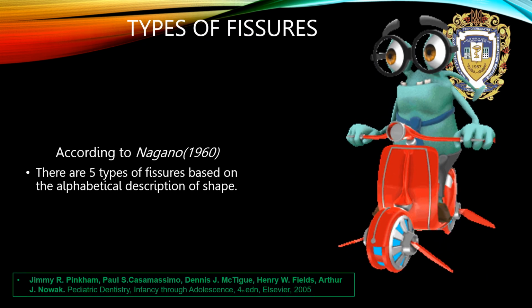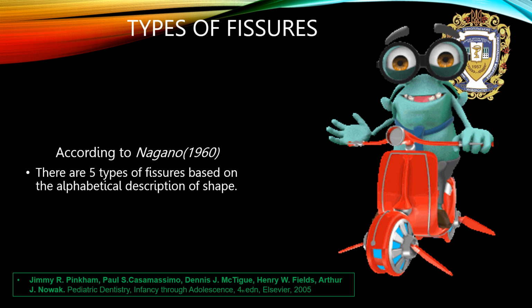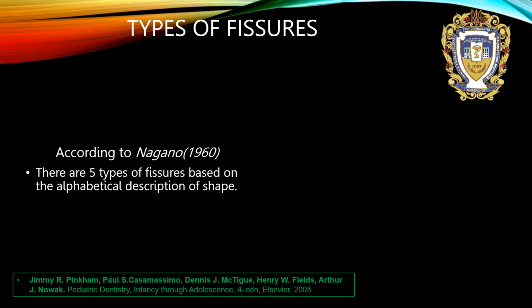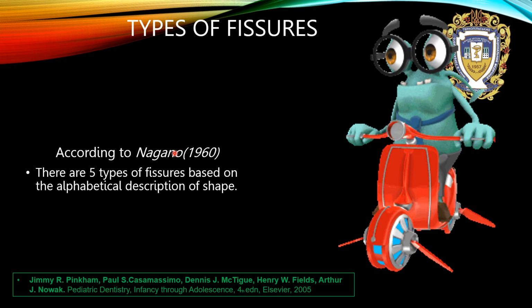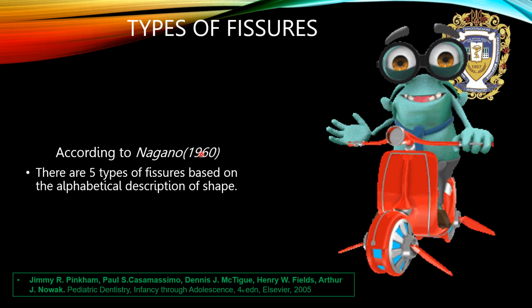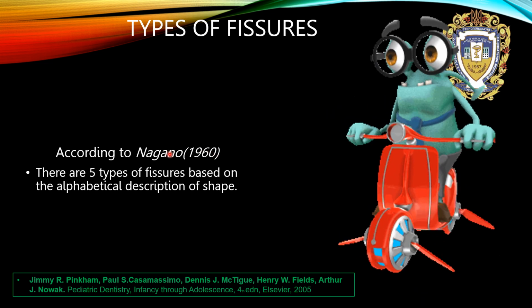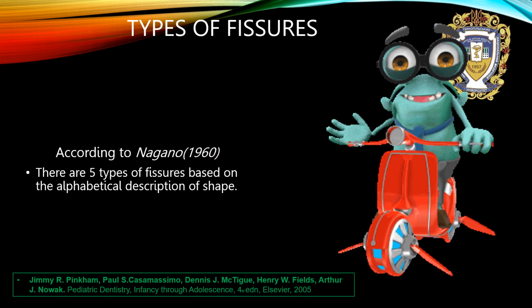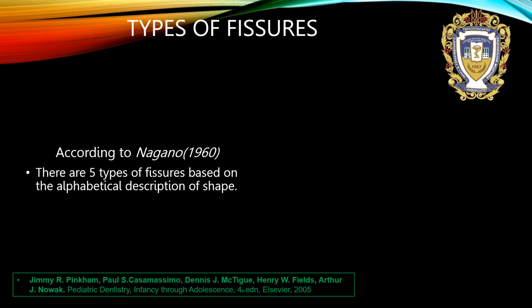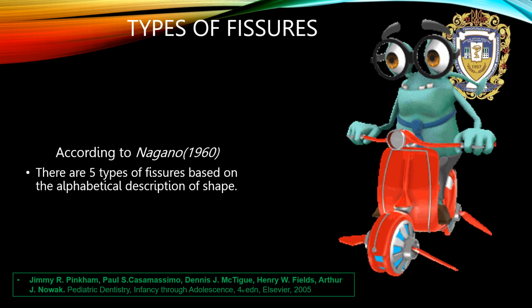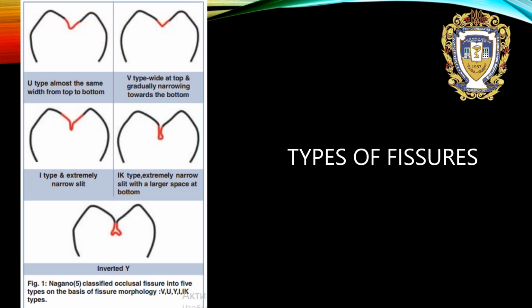So what types of fissures are known? According to the Nagano classification, proposed in 1960, there are 5 types of fissures based on the alphabetical description of shape. There are shown 5 types of fissures, and they are the following types.